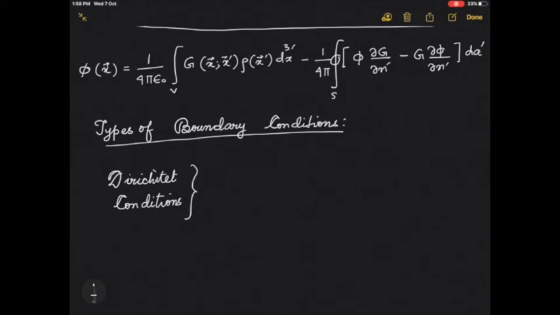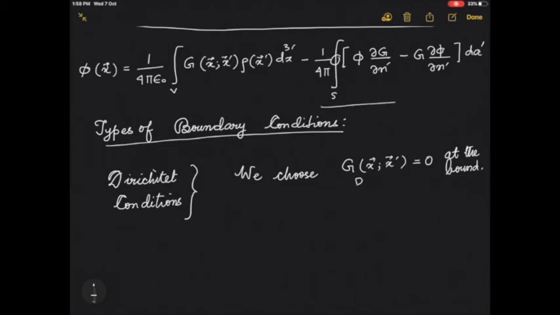We see that the choice of the boundary condition on G is still left to us. So in this case we choose G of x, x prime equals 0 at the boundary. And because it's Dirichlet boundary condition, we also call it the Dirichlet Green's function, so I write it with a suffix D.